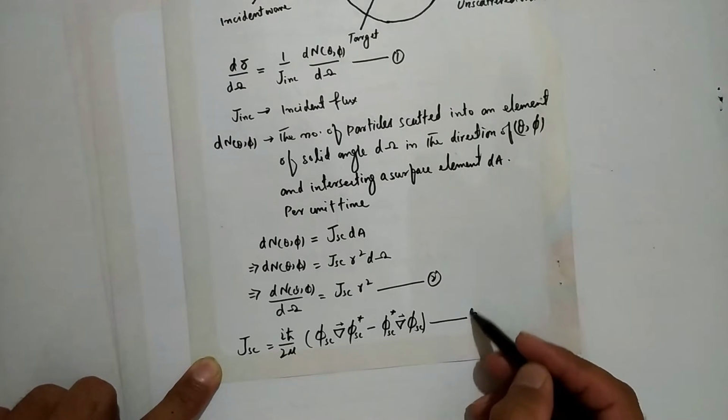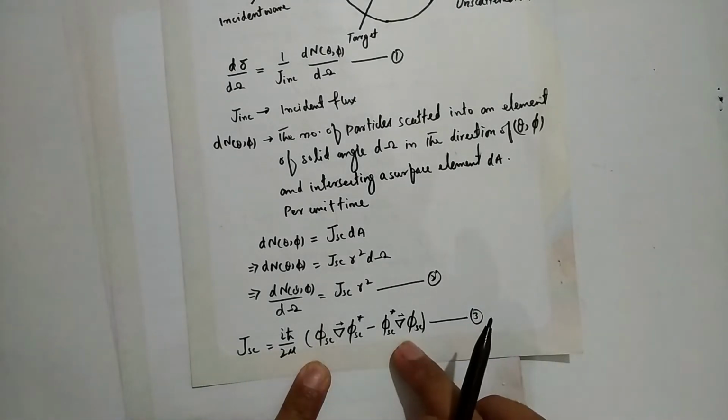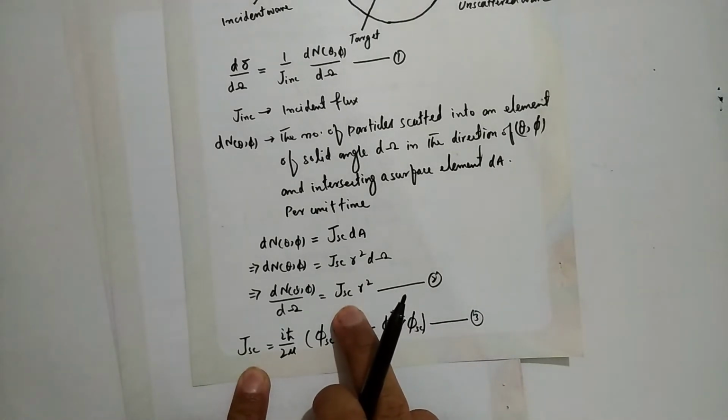This one is equation number 3. Now we have to calculate this term, and then we have to substitute that value in equation number 2.